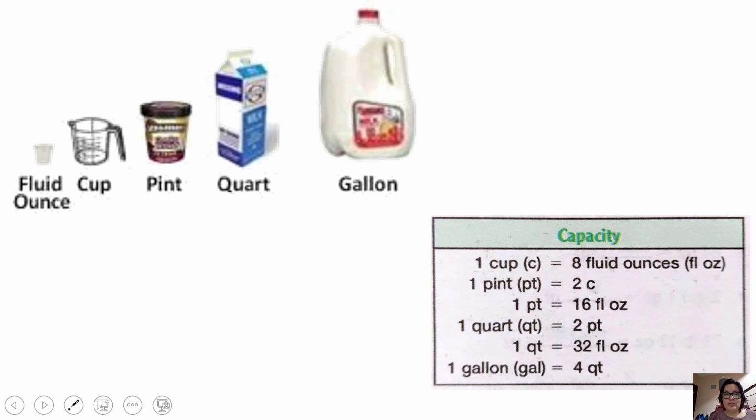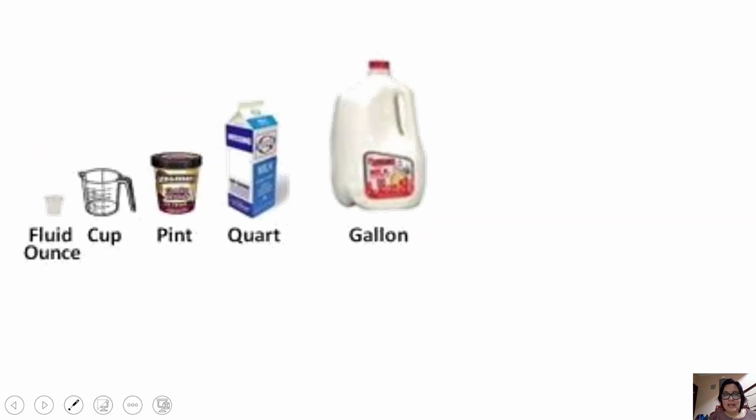Also, guys, I need you to see this. Remember that when we are changing from smaller to larger units, we have to divide. And from larger to smaller units, we multiply. So let's see this.